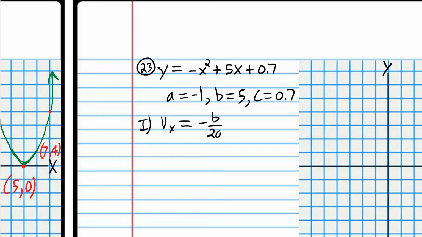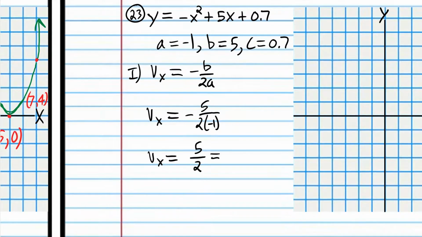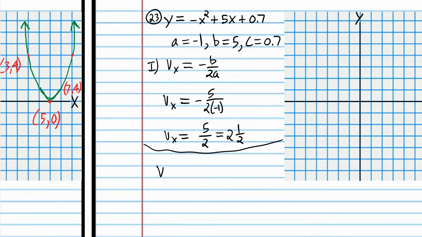Because this is standard form, we're going to use this same formula. So B is 5 and A is negative 1. And simplifying, that's a double negative, so we get a positive 5 over 2. And for graphing purposes, we can change that to 2 1/2. But remember, when you're calculating, you want to keep it as an improper fraction.